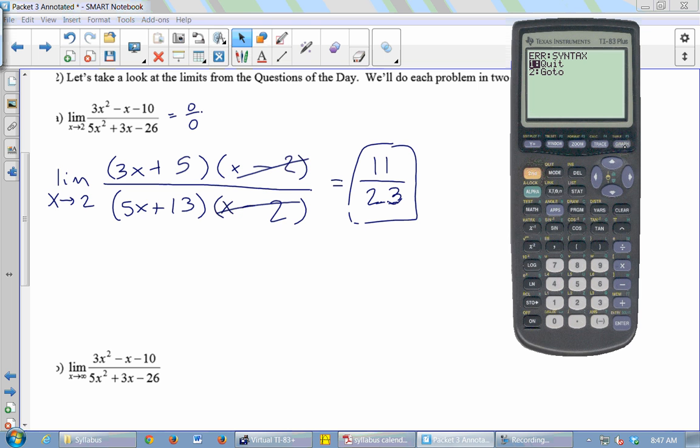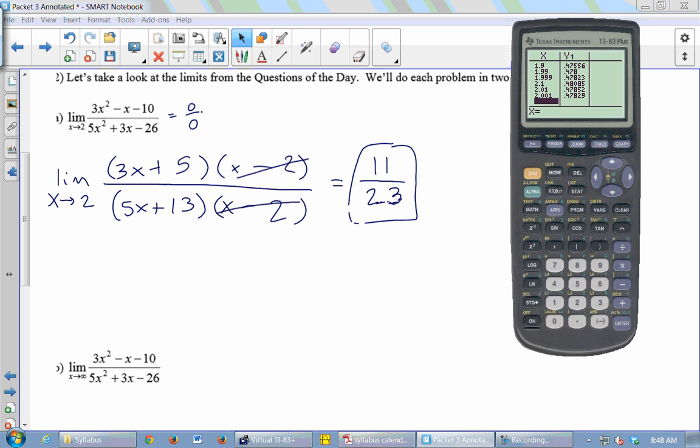And then go to my table. All right, so now I'm going to go to my table, and I want to plug in values as x gets closer and closer to 2. So I could plug in like 1.9, 1.99, 1.999, things like that. Or 2.1 to approach from the other side, 2.01, 2.001.